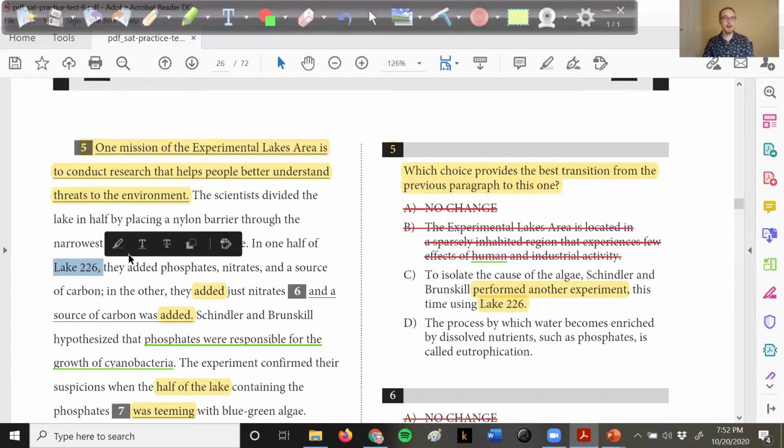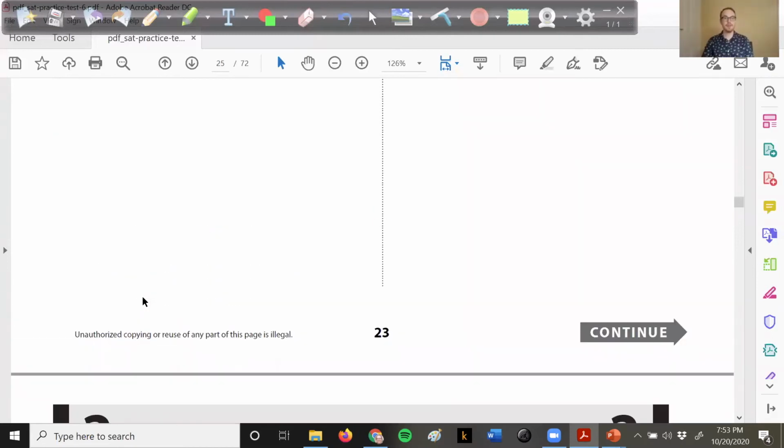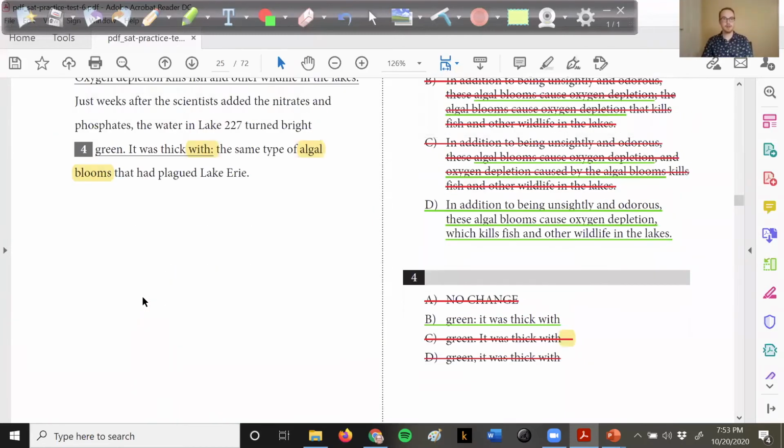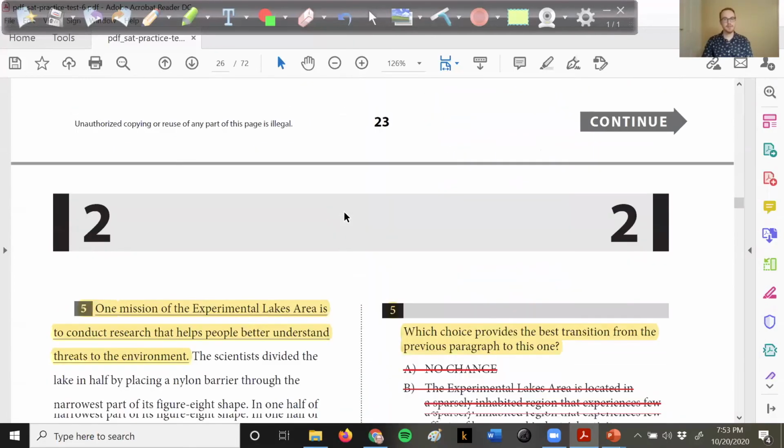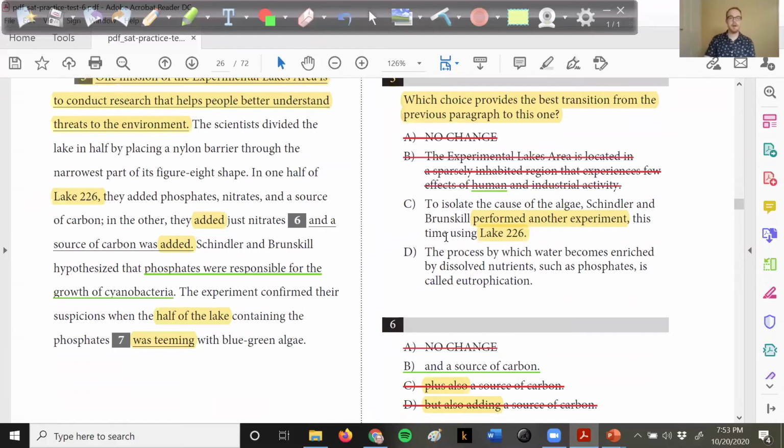Well, we are talking about Lake 226 in this paragraph, whereas in the previous one, it was all about 227. So let's see if we find something better than C, but I like C so far.